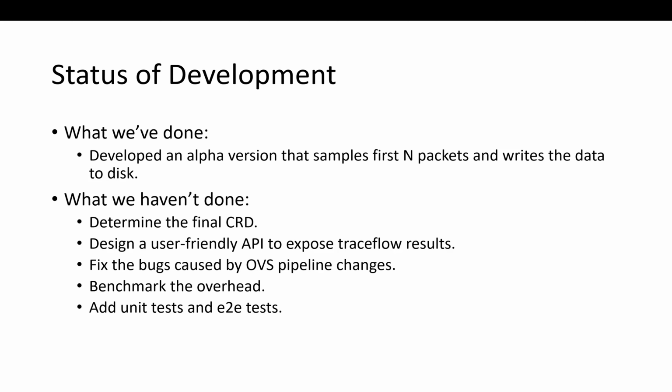So when a user wants to retrieve the data, they can either check the status field of the CRD, or use NCTL. I'm not sure if this is a good choice for the user to retrieve the data. Perhaps it's the most practical solution I can think of. Yeah, I don't know other ideas.